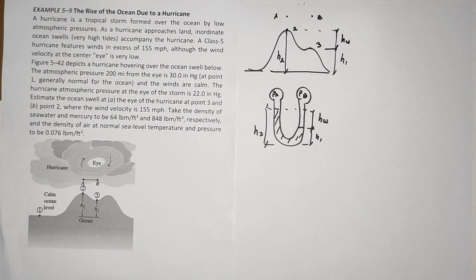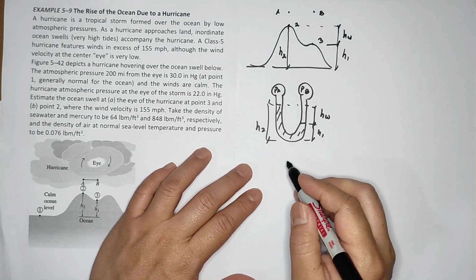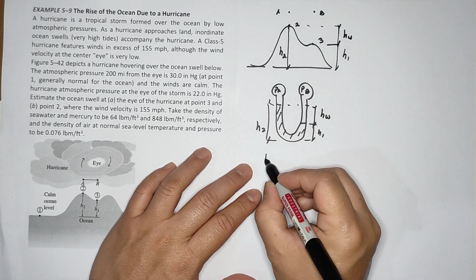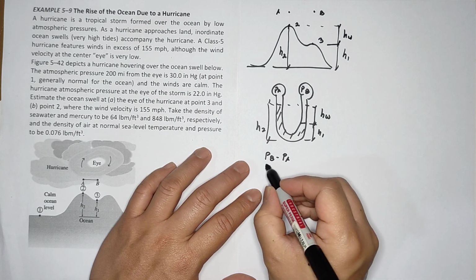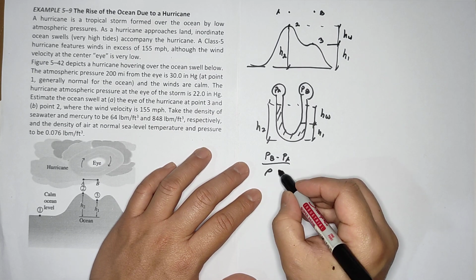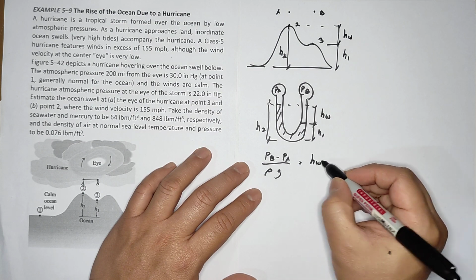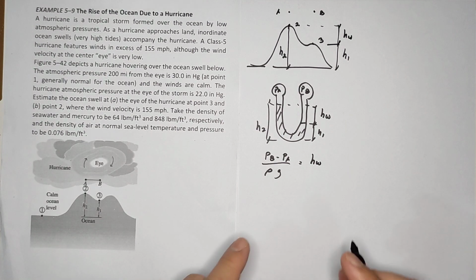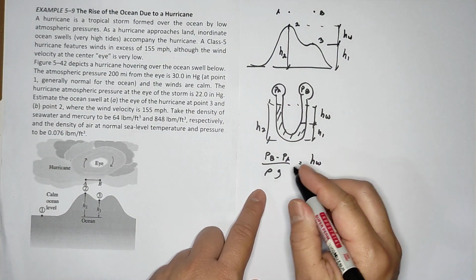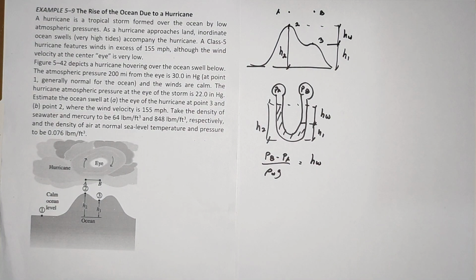So with that, I could say that we can create an equation wherein you have PB minus PA over rho G equals HW. Of course, if this is seawater, this should also be seawater.